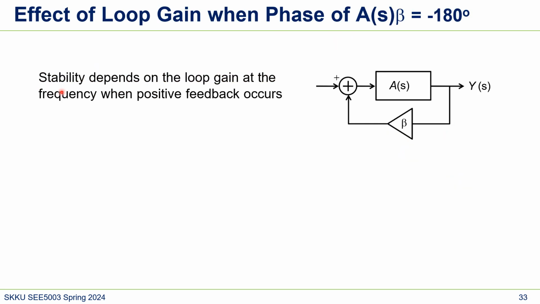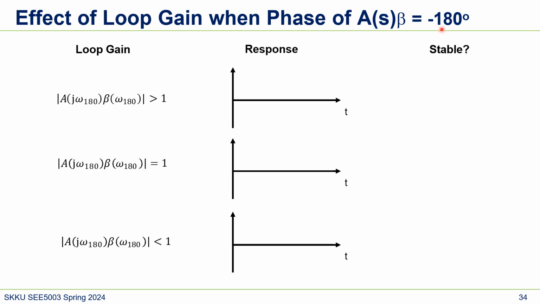So again, stability depends on the loop gain at the frequency when positive feedback occurs. That is when the phase of A beta is minus 180.